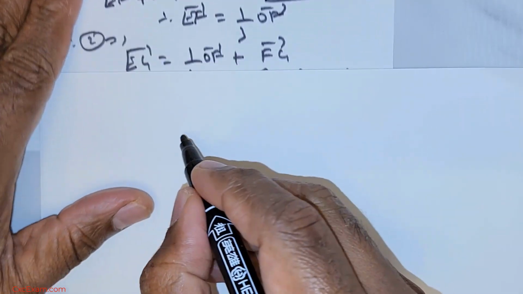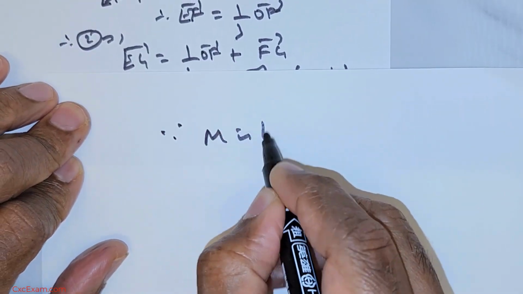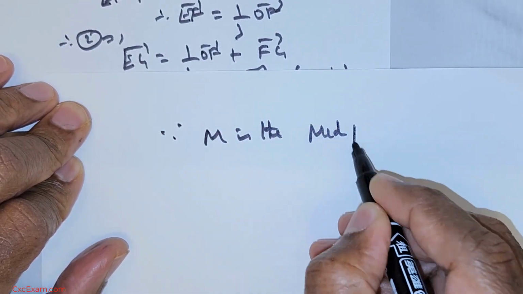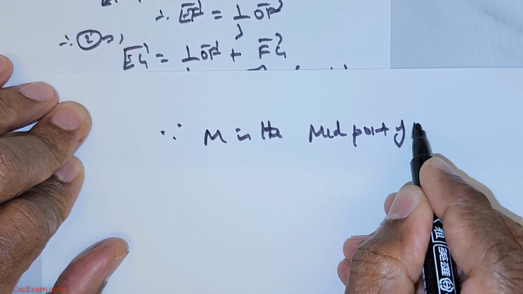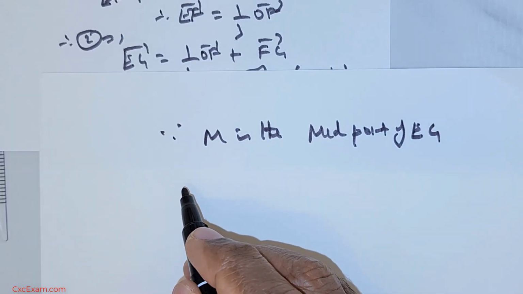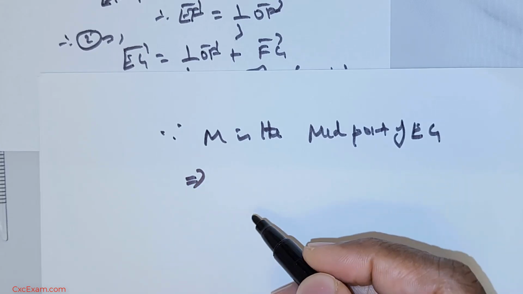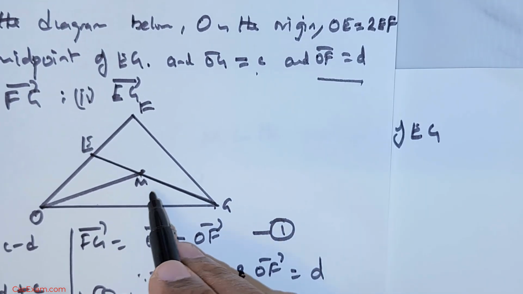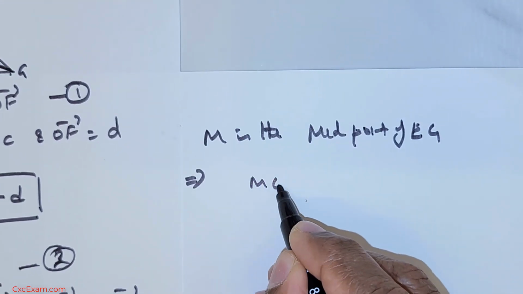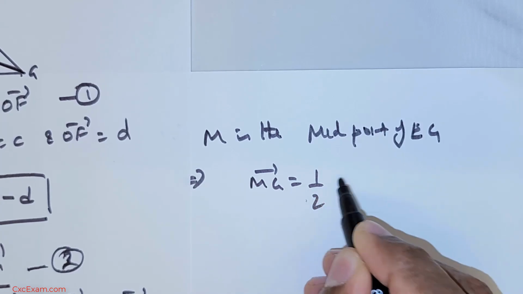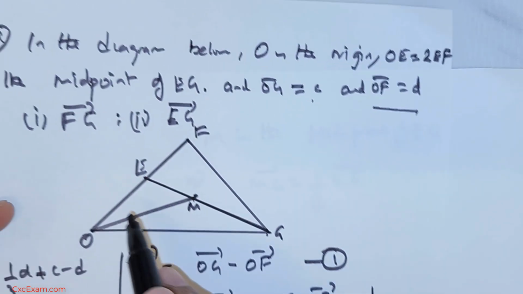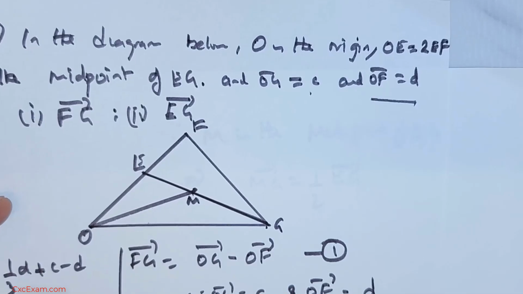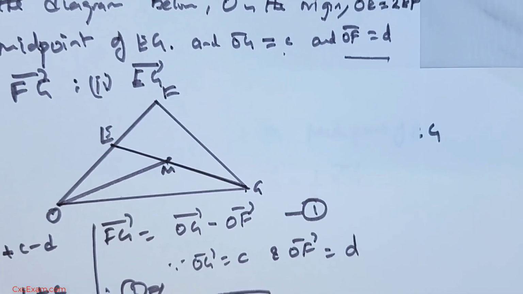So I'm going to state that here, since M is the midpoint of EG, this means I can write MG vector to be half of EG vector. EG is the entire line.